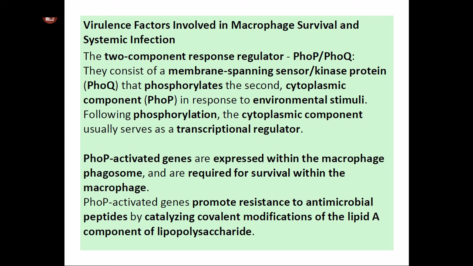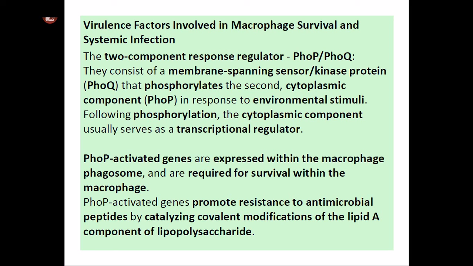Another important approach used by Salmonella pathogenicity, besides the type 3 secretion system, is the two component response regulator called the PhoP and PhoQ system. It consists of a membrane spanning sensor region and a kinase protein that does the downstream part. Here the kinase protein is PhoQ, which phosphorylates the second cytoplasmic component, PhoP. So in the PhoPQ system, PhoQ is the sensor and PhoP is the downstream regulatory molecule.